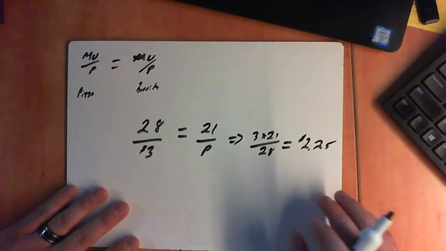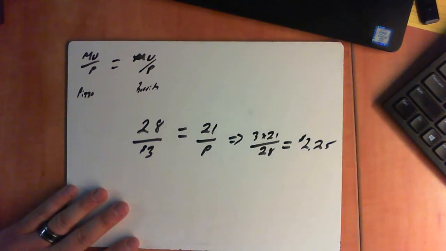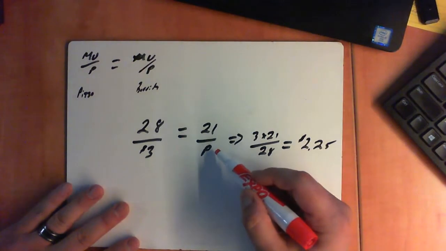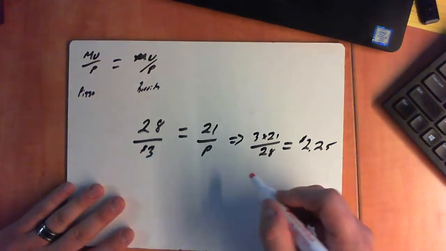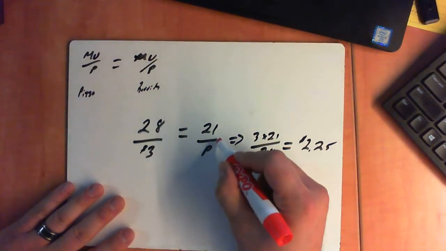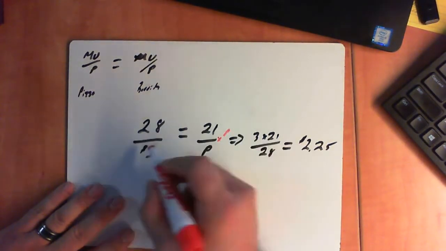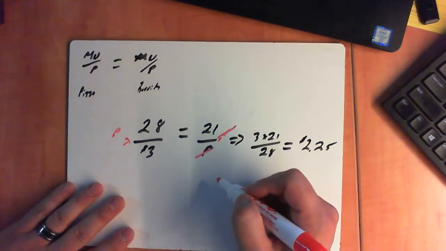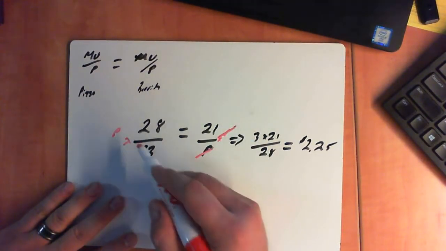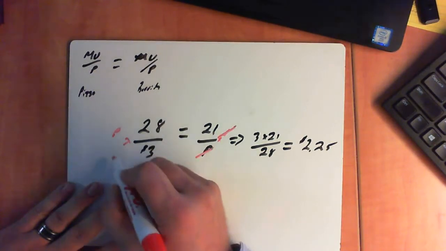If you're looking algebraically at this equation, you can break it down. We only have P on the bottom, right? So we're going to multiply both sides by P, which will cross these out. We want P by itself, so we multiply both sides by 3.